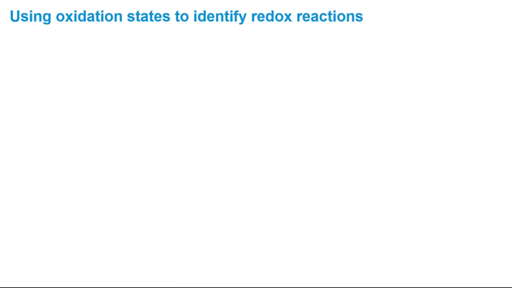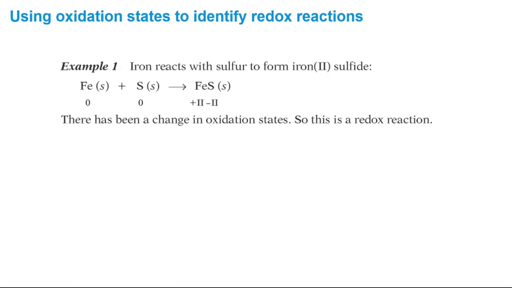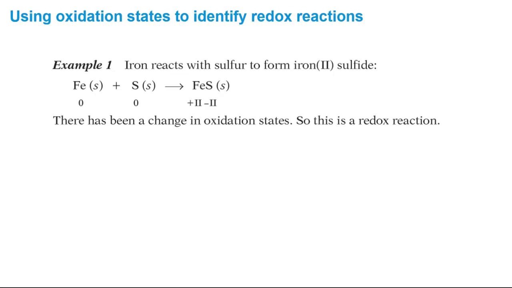Using oxidation states to identify redox reaction. If oxidation state changes, that reaction is redox reaction. Example 1. Iron reacts with sulfur to form iron sulfide. Here iron oxidation state 0 changes to +2.